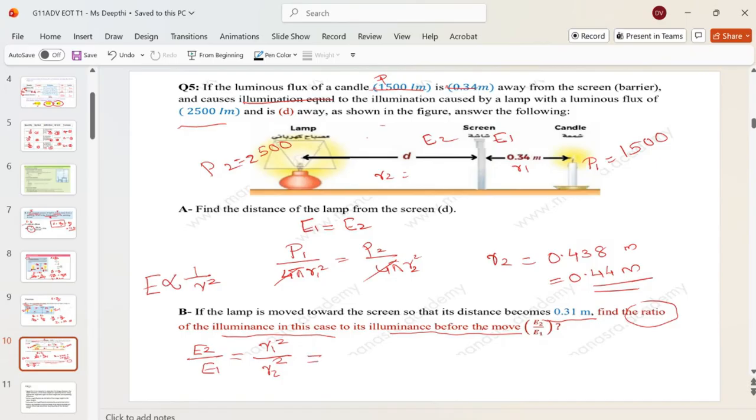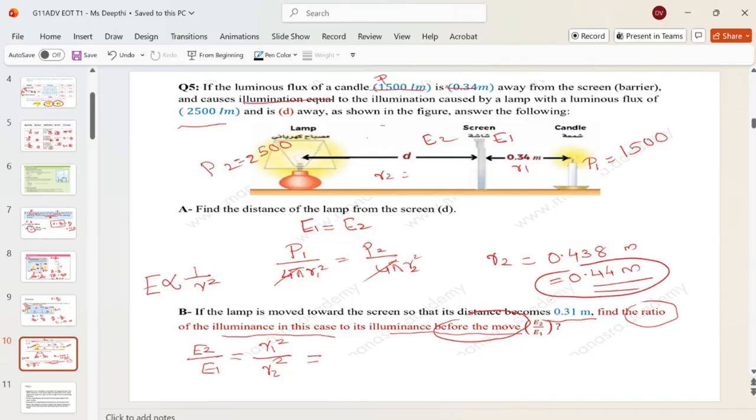Now, which is the first case? They say that the first case is the case before the move. Before the move is the first case. Before the move, the distance of the lamp was 0.44 meter, right?